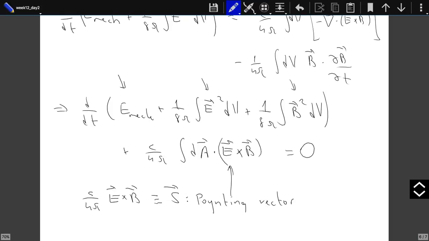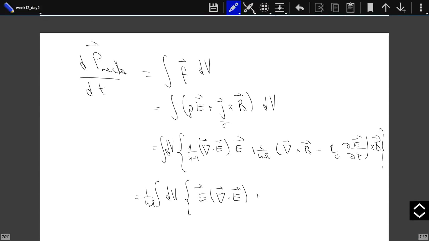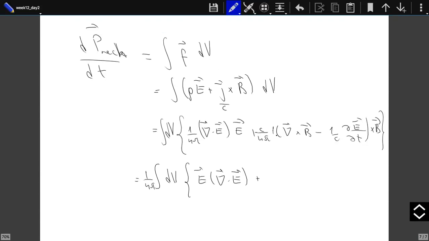Now here it will contribute, there's this 1 over C. So it will cancel this C. We have the 4 pi out, the curl of B, cross product with B. And we have minus 1 over 4 pi C dE by dt cross B.